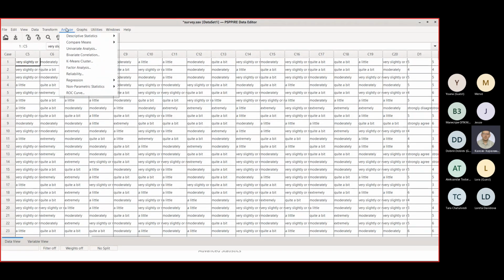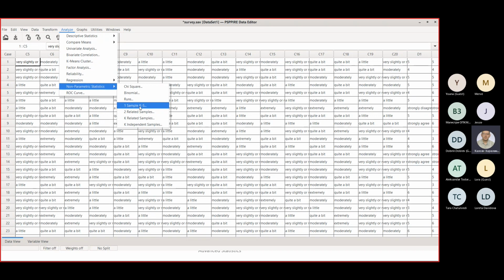Then we'll choose Analyze. Here we have non-parametric statistics, and then one sample, KS. K and S are the first letters of names.